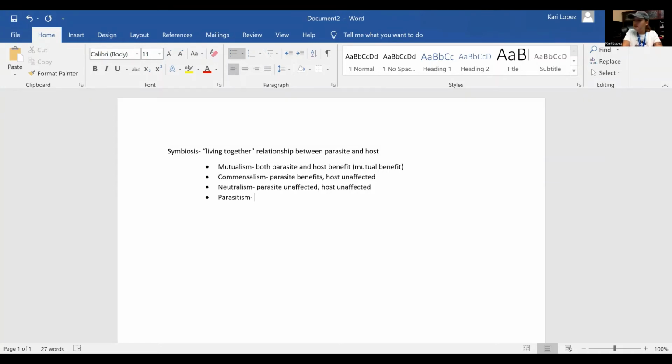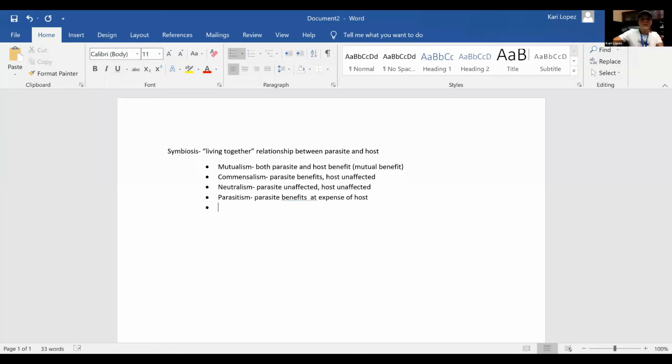So parasitism is where a parasite benefits at the expense of the host. So what does that mean? It gets what it wants from the host, but it can harm it.